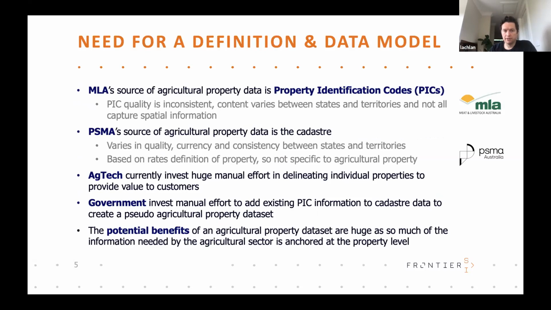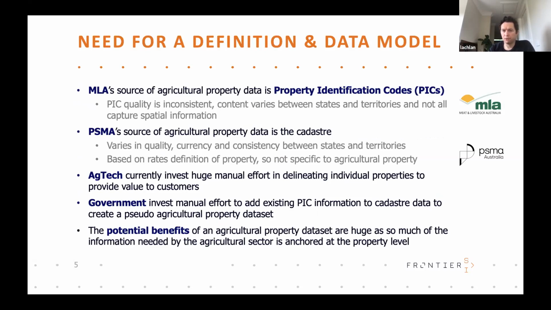This is where we look at what we actually started with. MLA has their property identification codes. The biggest problem with the PICs is that they weren't necessarily consistent in the information that they store across jurisdictions.